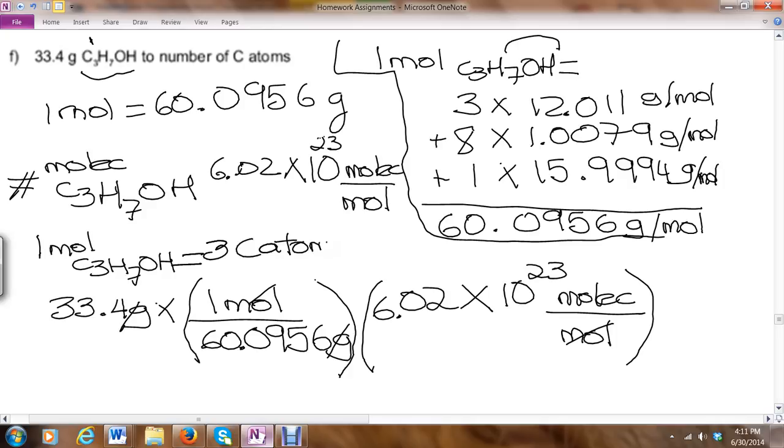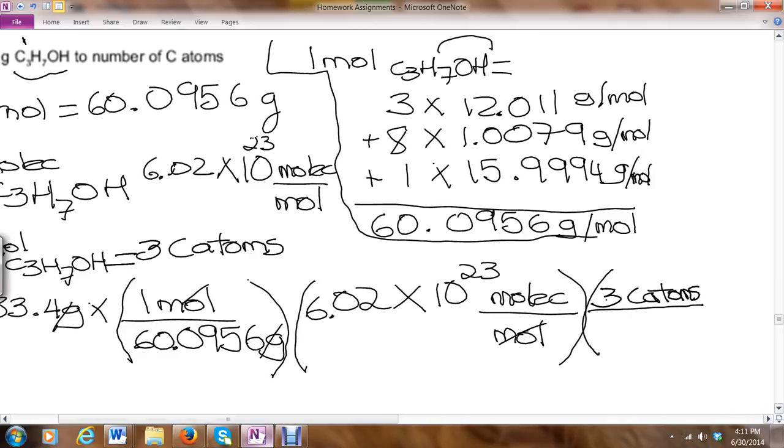To use unit analysis, we need to obtain atoms on top, so we got 3 carbon atoms. In other words, we multiply by the subscript. The subscript of carbon is 3. And on the bottom is the number of molecules of propanol. So molecules and molecules cancel out.